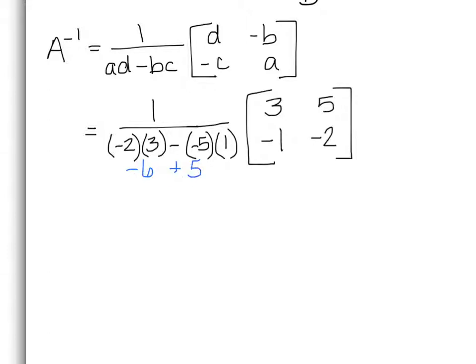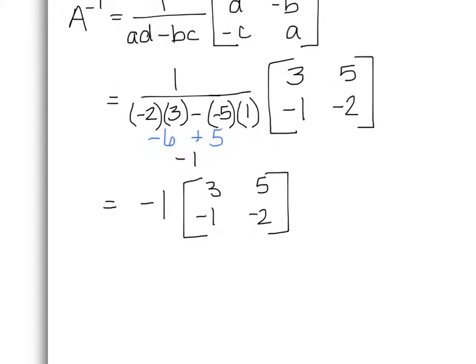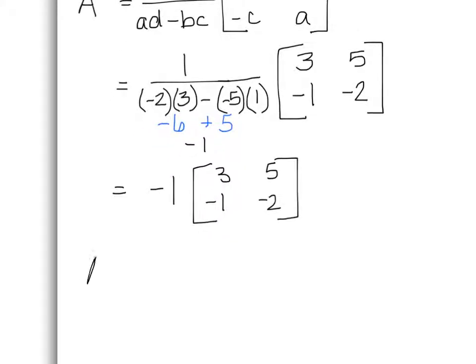Negative 1. What is 1 divided by negative 1? Is it negative or positive? Negative 1. Okay. So what does it look like when we multiply that negative 1 into that matrix? Negative 3, 5, 1. Good job.